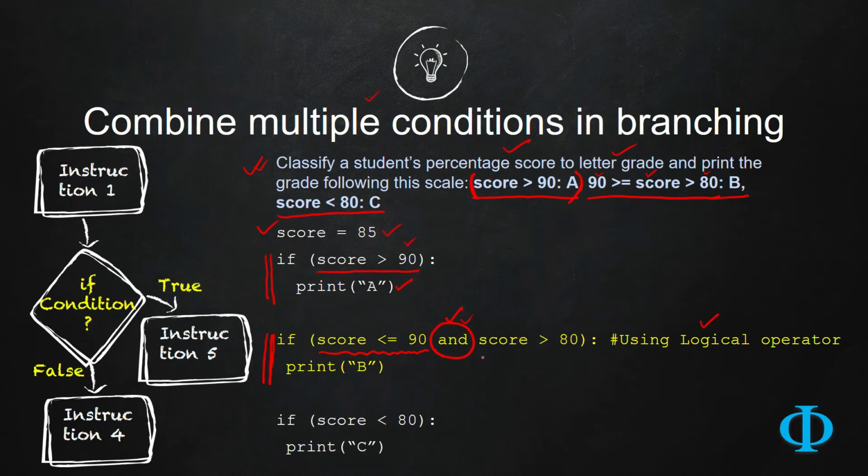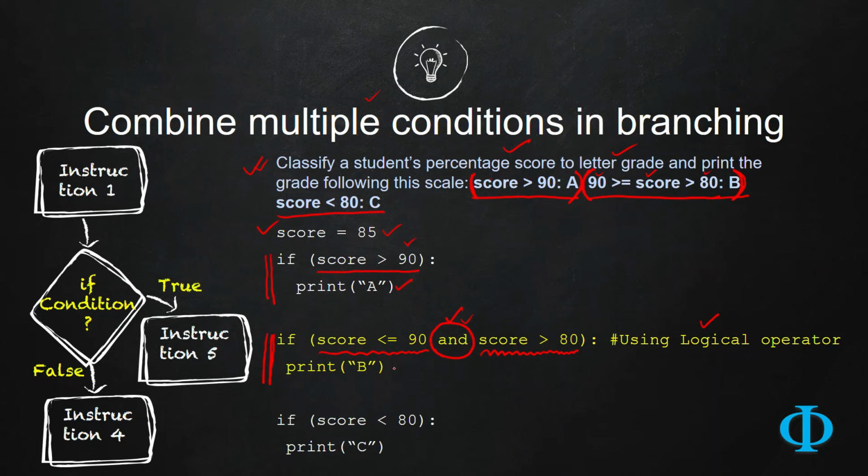Then in the second part of the AND operator, you are checking if the score is greater than 80. So if you combine these two conditions, that will give you that, well, if the score is less than or equal to 90 and greater than 80, which means this second part of this problem.